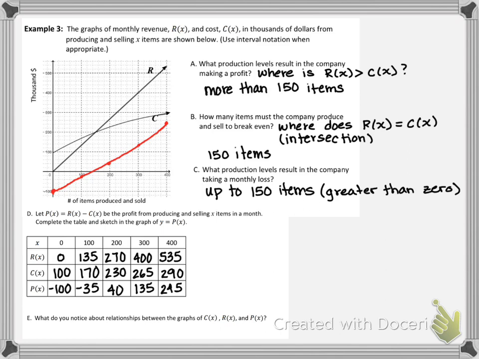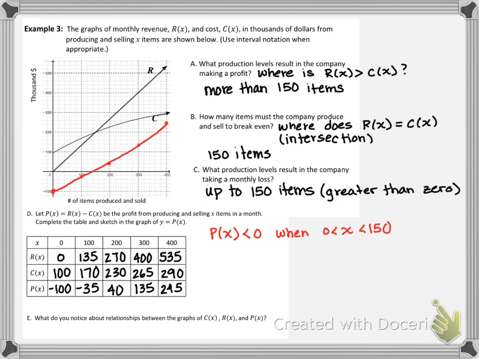So just a couple things to notice. If we look at our answers to A, B, and C, notice that P of X is less than 0 when X is between 0 and 150. That was our part C where we said we were going to take a monthly loss. So from 0 to 150, our profit will be negative.